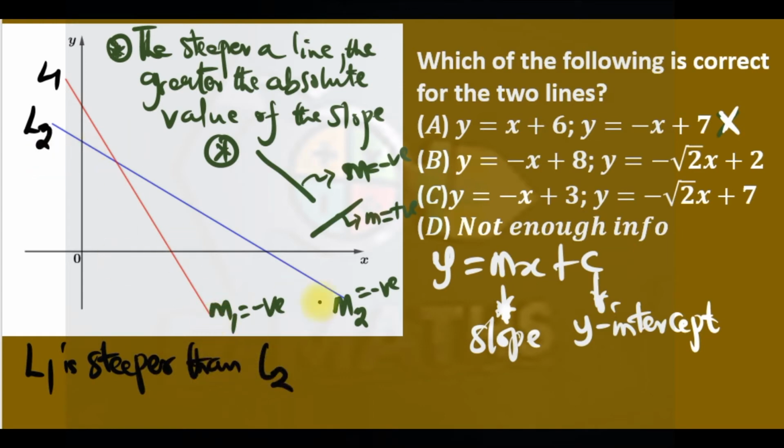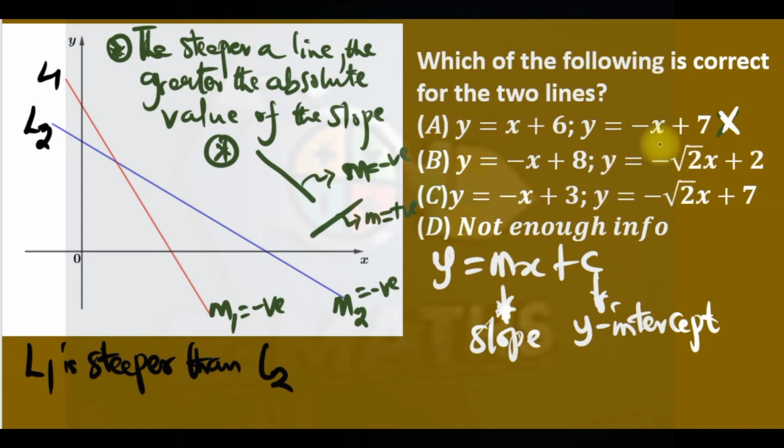Meaning the absolute value of its slope will be higher. So the possible equation for L1 is either this or this.